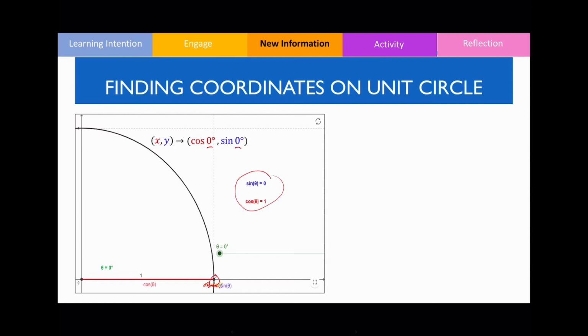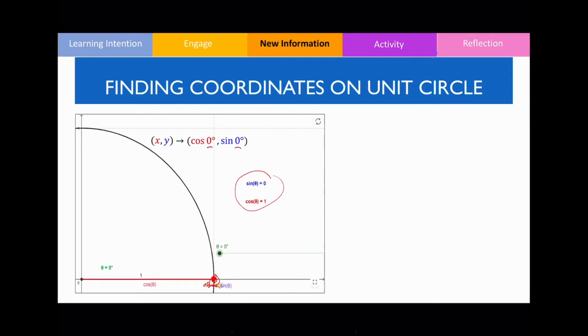Now, to identify the answer for this simple example, I don't need to use my calculator at all. I can find the answer using a bit of common sense and interpreting the information from the diagram itself. What is the exact value of this particular point over here, okay? Remember that I told you the unit circle is a special circle where the radius is equal to 1.